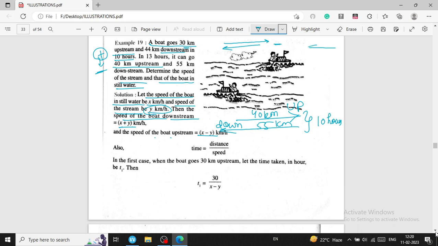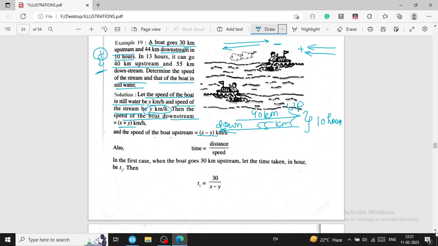When the water is going in this way and the boat also goes the same way, then we say plus. So when the boat is going downstream, the boat goes with the water.